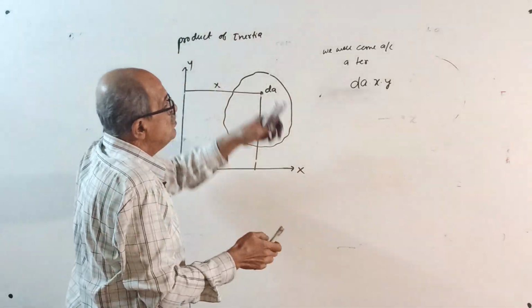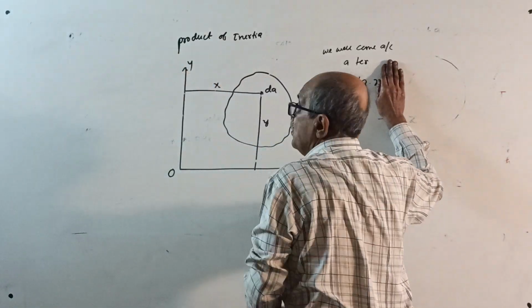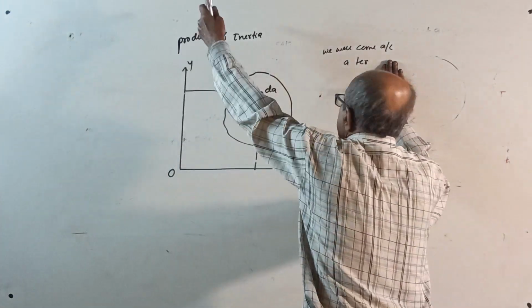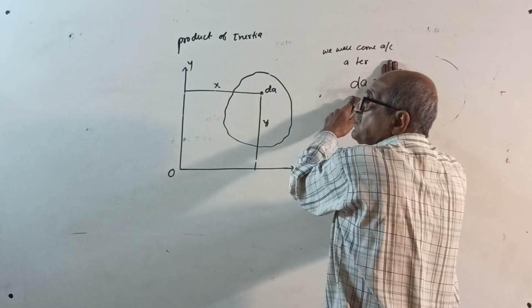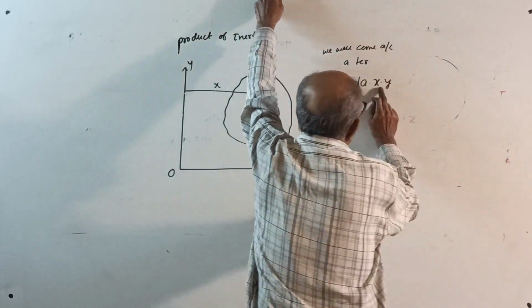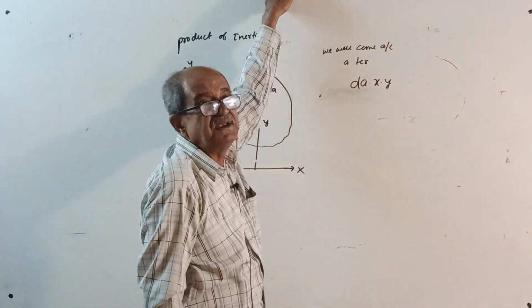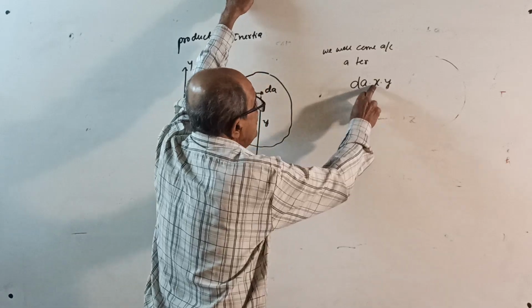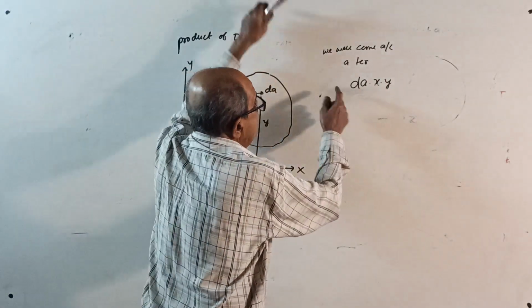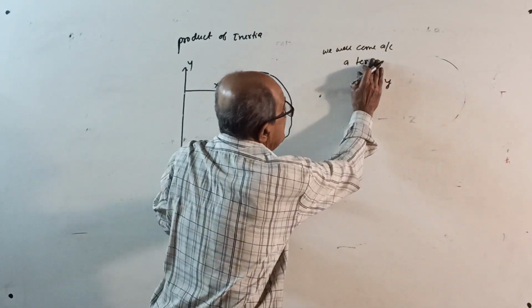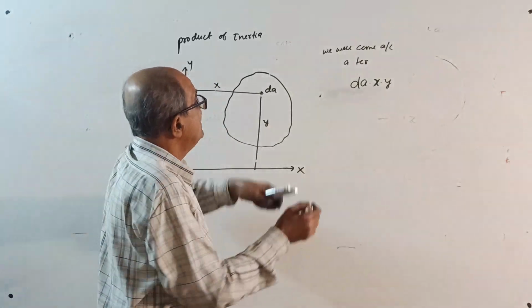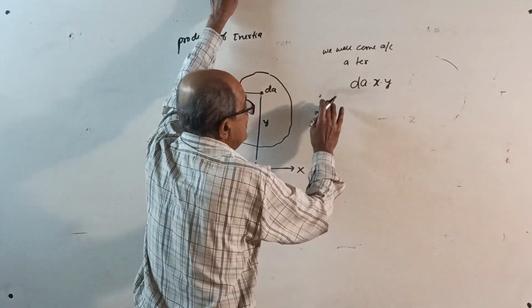Only dA x is the moment about the Y axis. If both are x, it will be moment of inertia.